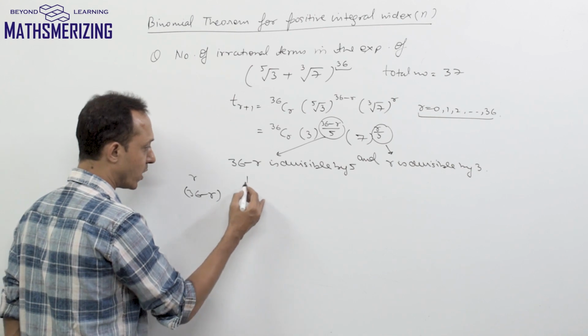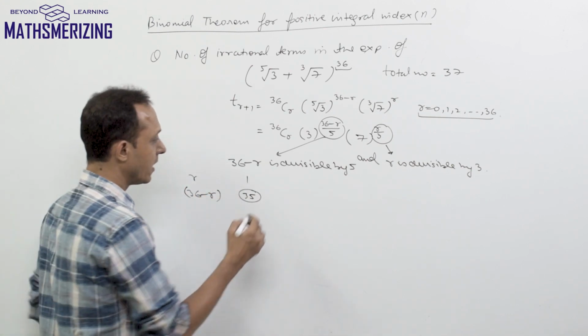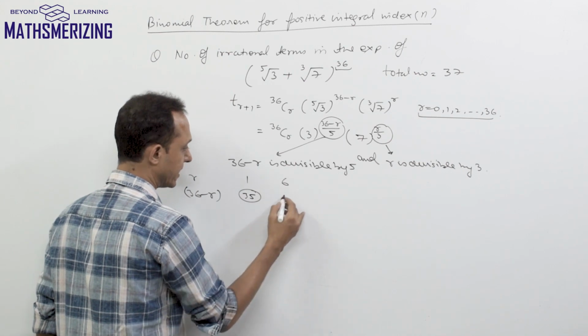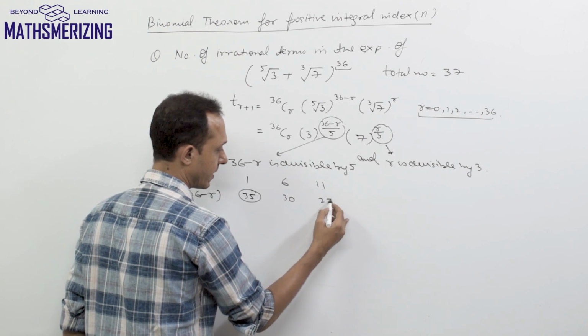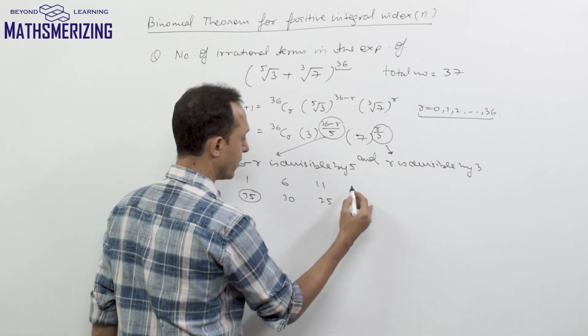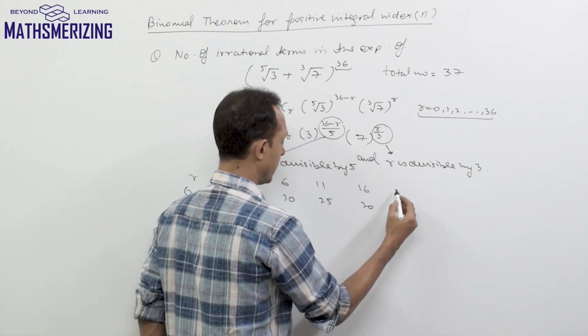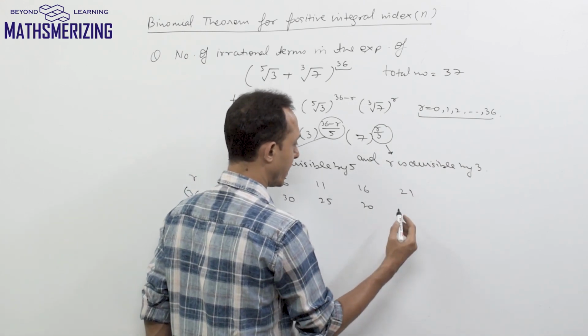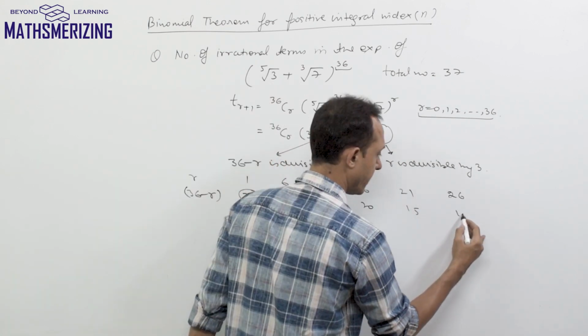So if I take r as 1, I'll get this value as 35. If I put r as 6, I'll get 30. If I put r as 11, I'll get 25. If I put r as 16, I'll get 20. If I put r as 21, I'll get 15, then 26 gives 10.